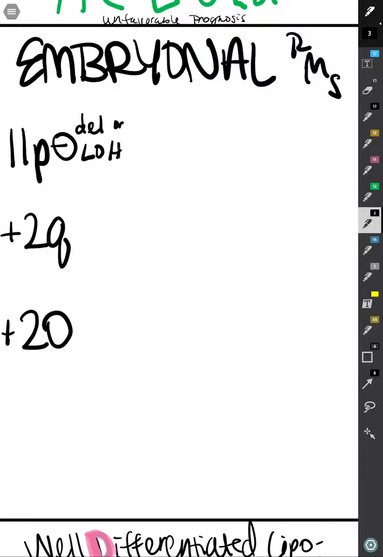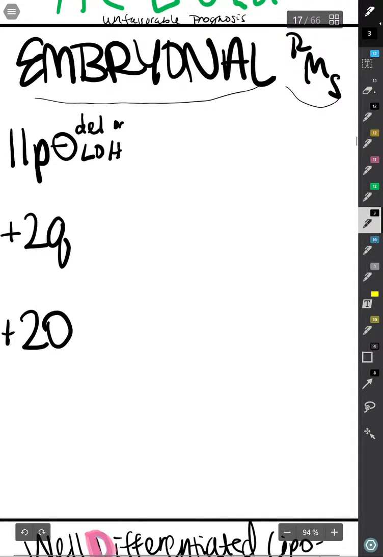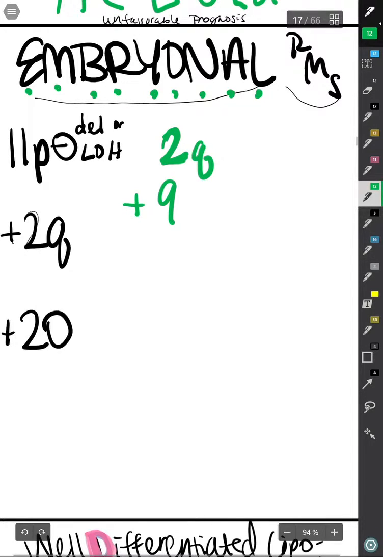So starting off, I just like to think of how many words there are. There are 2 words here, so that gives me my 2q. And then I go through and I'm like 1, 2, 3, 4, 5, 6, 7, 8, 9. So let's say I have my 2 down here, and then now I add 9 letters of embryonal, and that will get me my 11.